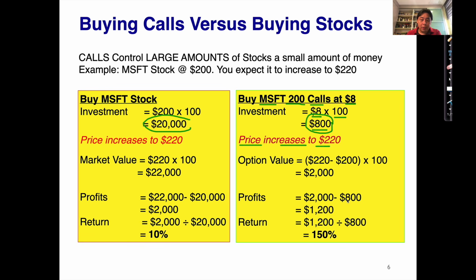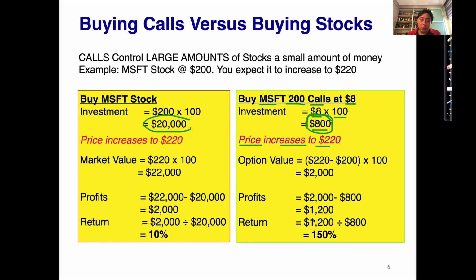Remember that? So if you now sell the options, you get $2,000 and you deduct the cost of buying the options at $800, your profit would be $1,200. So in this case, you made $1,200 profit, which is less profit than $2,000. But again, in this case, you only forked out $800.